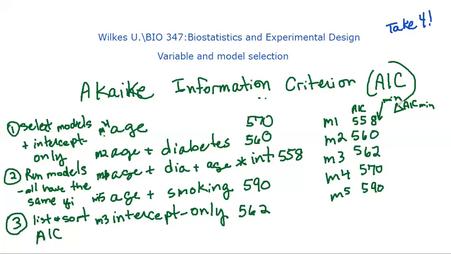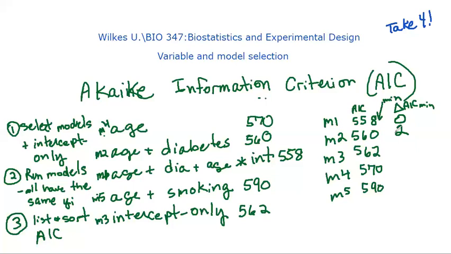Remember that delta is the difference. So this is the difference between model i and the AIC of the minimum model. M1 is the minimum model, and we look at the difference between that and itself, so it's 0. And this is 2.